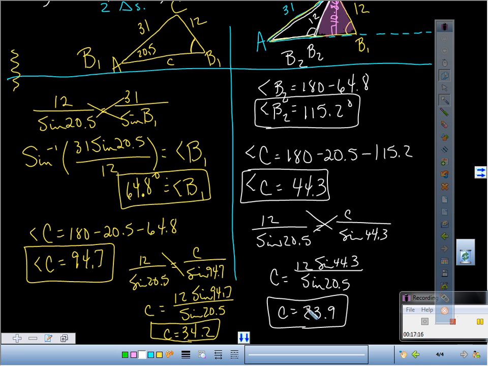Was it hard? No, it wasn't hard. The only thing you had to remember is that once you get one angle, how do you find the other one? Subtract it from 180. That'll give you the other one, and then you can work your 2 sides. You have to know that. That's not written down anywhere on your card. You just have to know it. Alright, everybody okay?